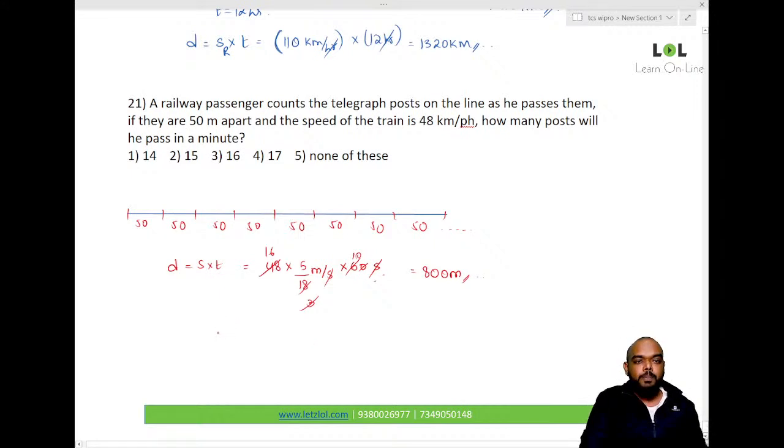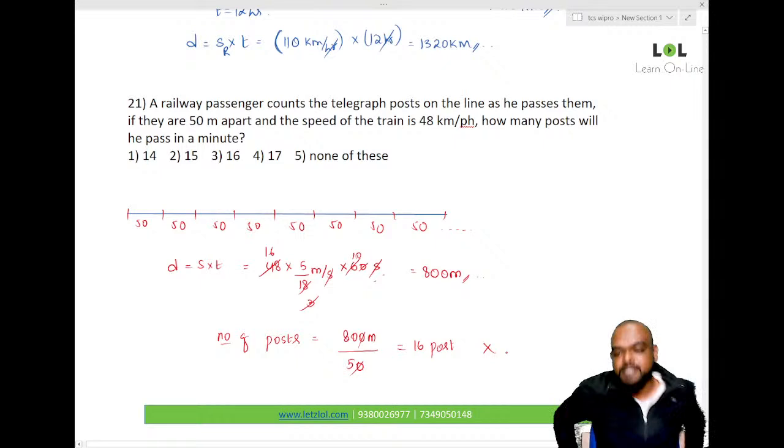So number of posts is equal to total 800 meter divided by 50, because they each are 50 meters apart. So what do we get? 16. So 16 posts is a wrong answer.